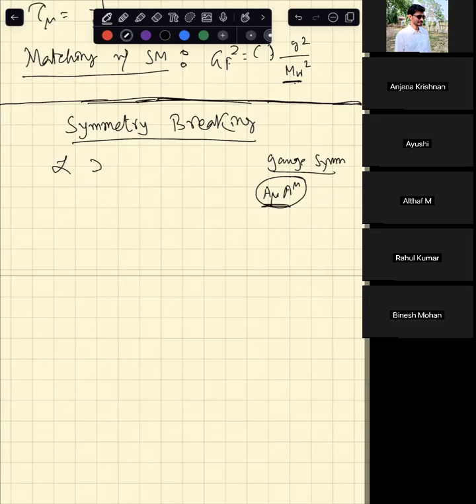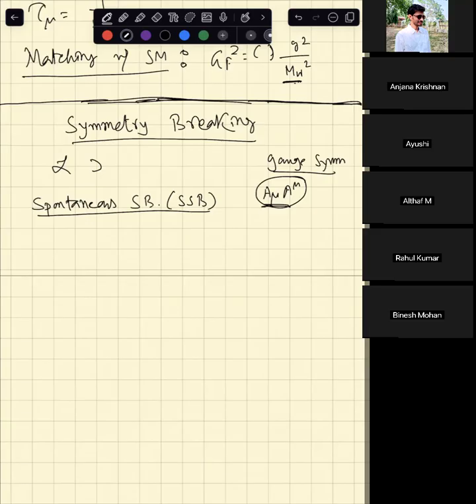Now, to do it in a very careful way, we can introduce a new method of symmetry breaking, which is called spontaneous symmetry breaking, or SSB. Now, what is the difference between spontaneous symmetry breaking and explicit breaking? The explicit breaking breaks the symmetry at the level of the Lagrangian.